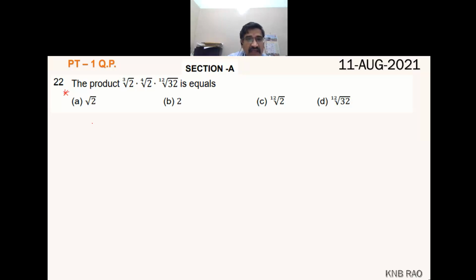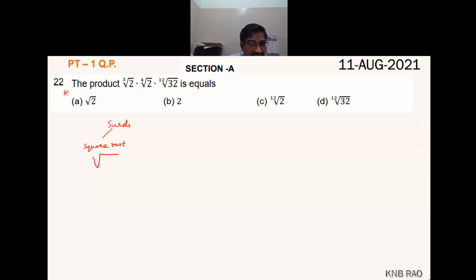Remember, surds are not just square roots alone. Square root is written with a radical sign. We call this the radical sign without writing the index.